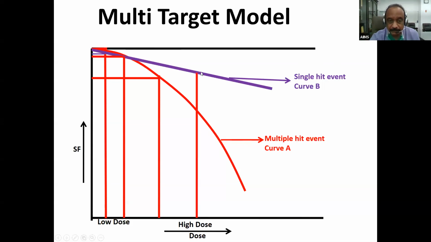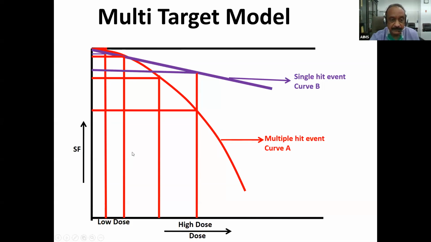At very high dose, there is contribution by both kinds of cell kill, but see here that the reduction in survival fraction by multiple hit event is from this point to this point, while for single hit event it is from this point to this point. So in the high dose region, the main contribution in cell kill is by multiple hit event.